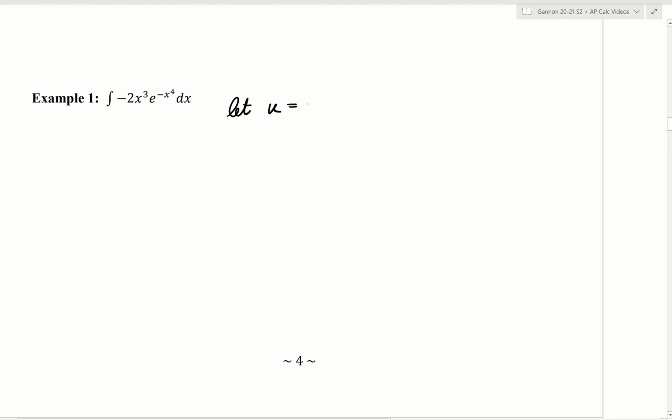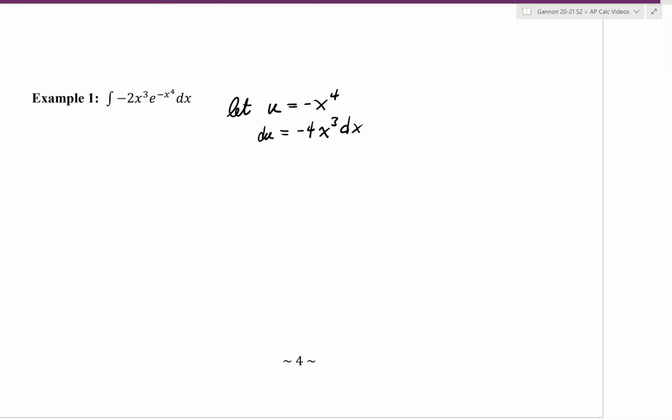Let's let u equal negative x to the fourth. That means that du is negative 4x cubed dx. Those of you in my class know I always like to make sure that whatever is here is what shows up over here.